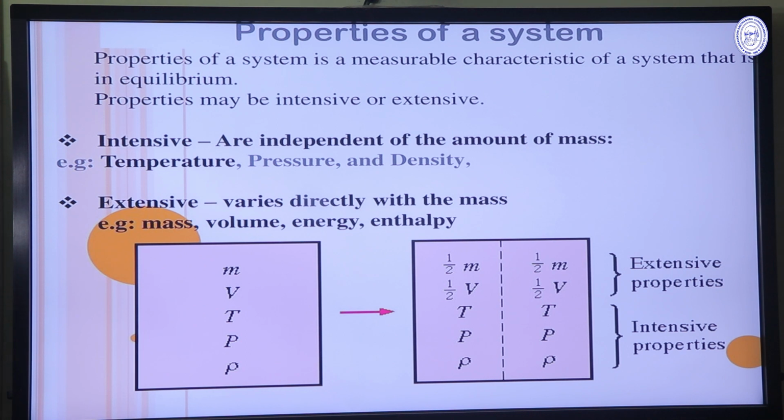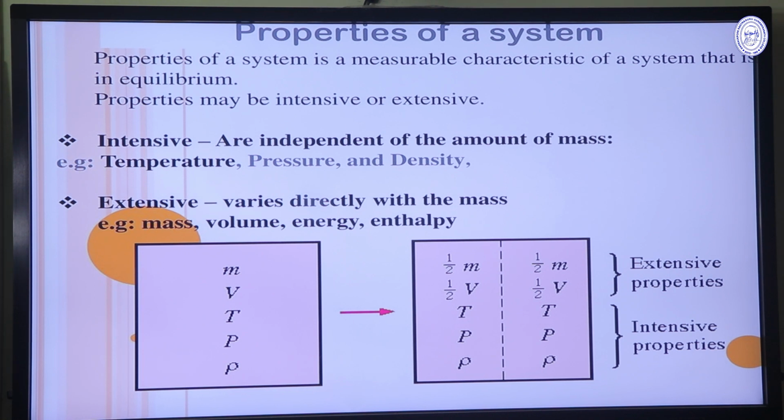Similarly, with pressure, if I take a small amount of gas in a piston and the pressure is maintained, and I decrease the volume, the pressure will remain the same. So these are properties of the system, thermodynamic parameters like temperature, pressure and density, that remain unchanged and are independent of the mass of the system, and thus we call them intensive properties.